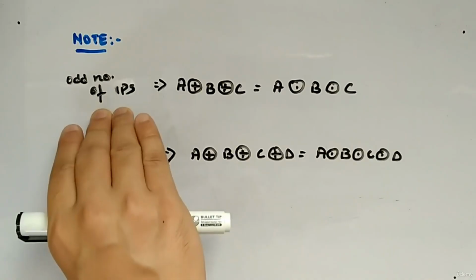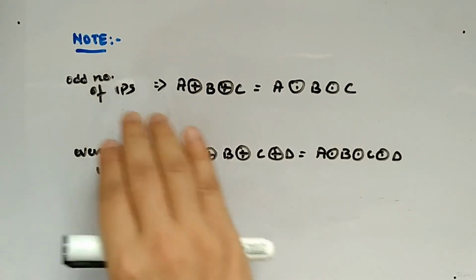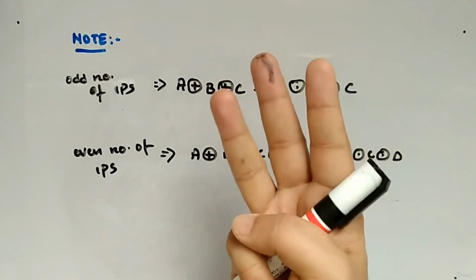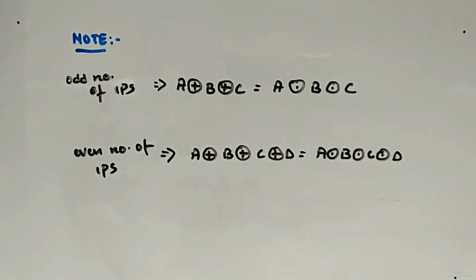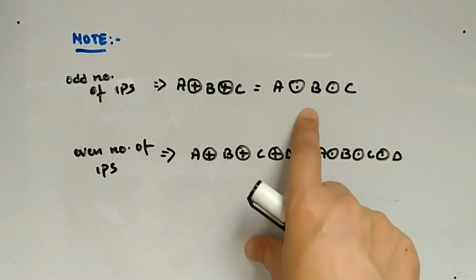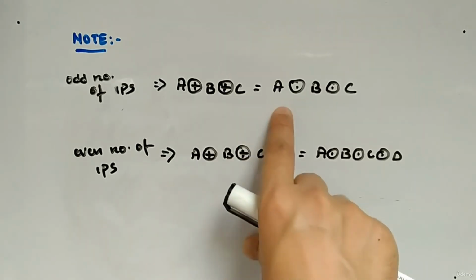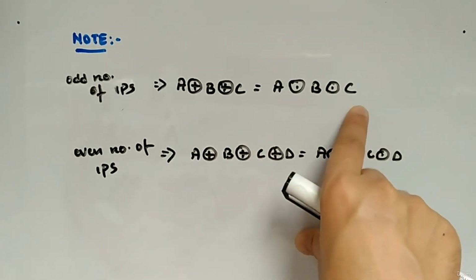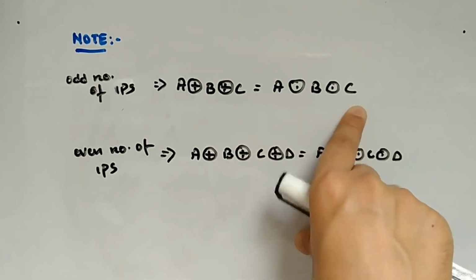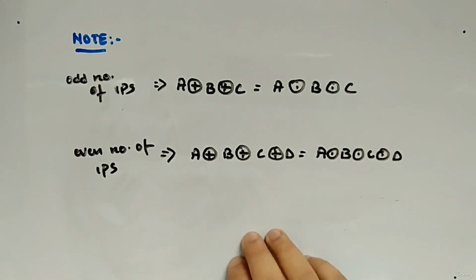Whenever you have an odd number of inputs, so you can see here A, B, C, 3 inputs are there, which means an odd number of inputs, then you can follow this expression. A XOR B XOR C will be equal to A XNOR B XNOR C. Whenever you have any odd number of inputs, this is how it will be valid.